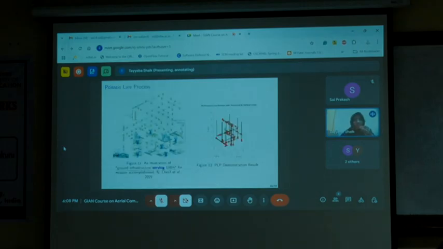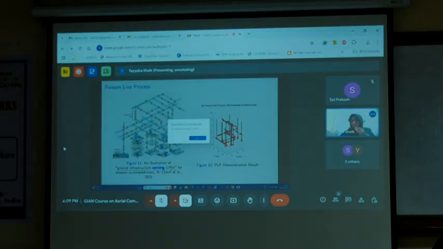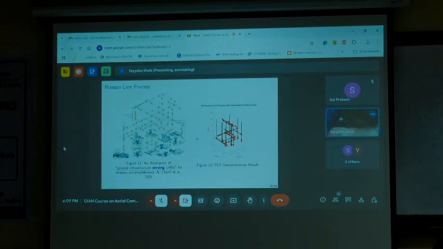The other model is the Poisson line process. I don't know how many of you have seen this, but there is a recent ad by Swiggy Instamart wherein the drones try to deliver the products or the goods to the specified location.